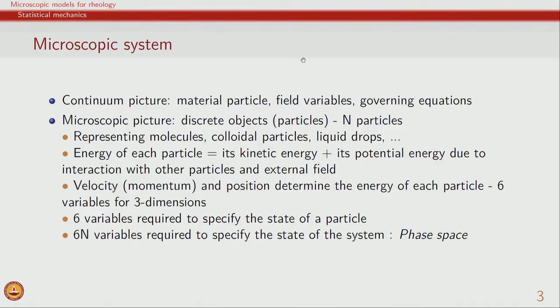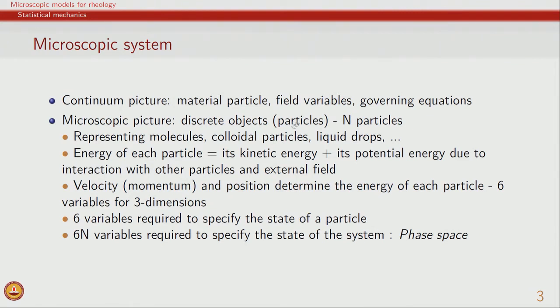And so, when we look at the microscopic picture, we recognize that matter is made up of discrete objects. So, we built into our model the discreteness of the objects, and again they are referred to as particles, but these particles could represent one of several things.